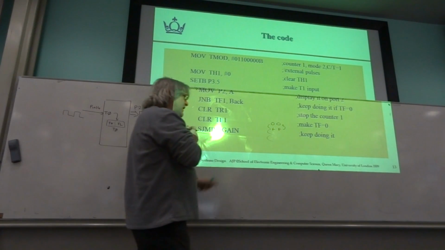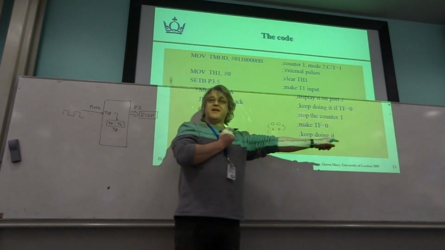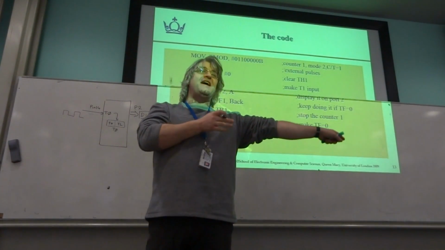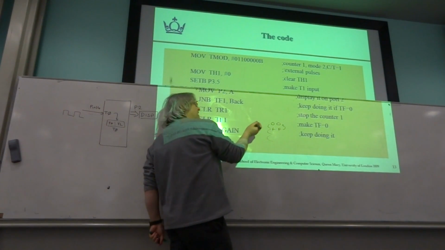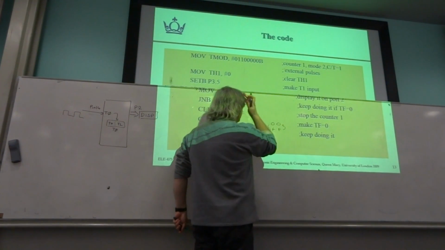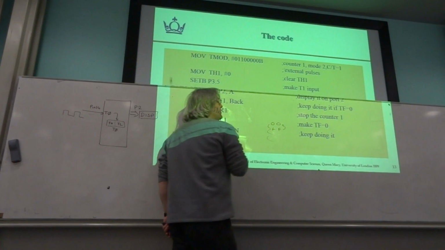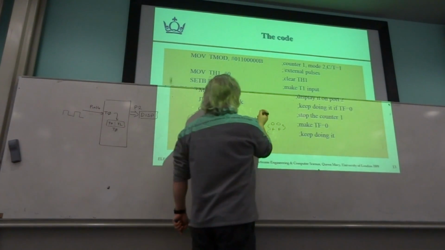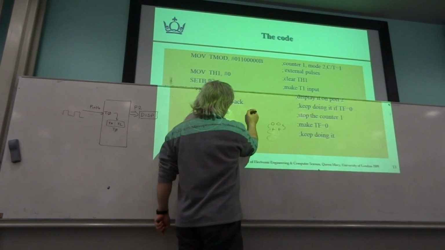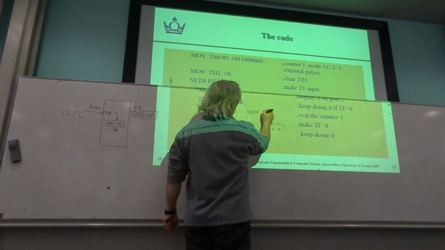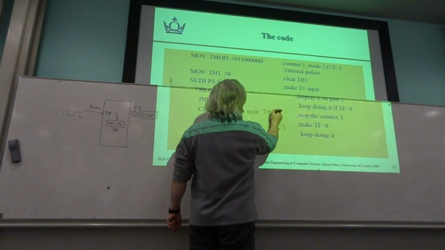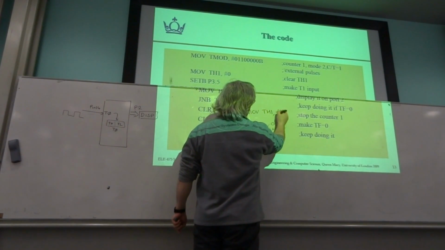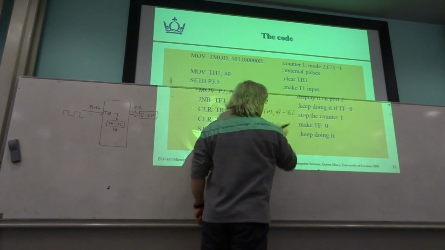Now, you can work it out by hand. I didn't bring my calculator today, so I'm not going to dare attempt doing it in my head, though it's probably something obvious. Or you can let the assembler work out what the value is that you need. It's perfectly legitimate to do this, to say move timer high 1, for example, immediately minus 16 decimal.